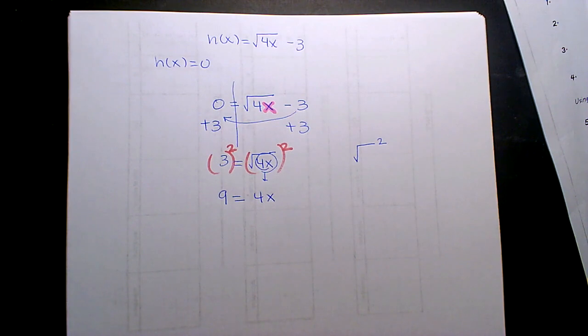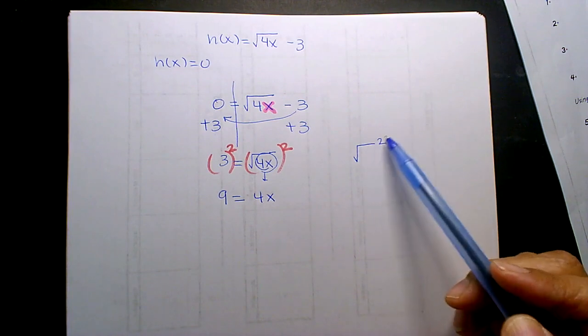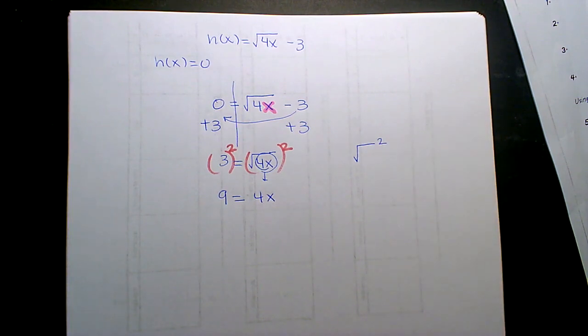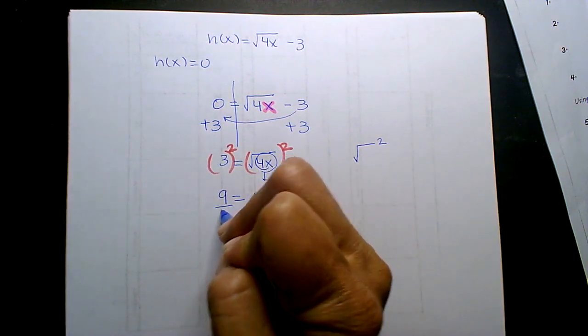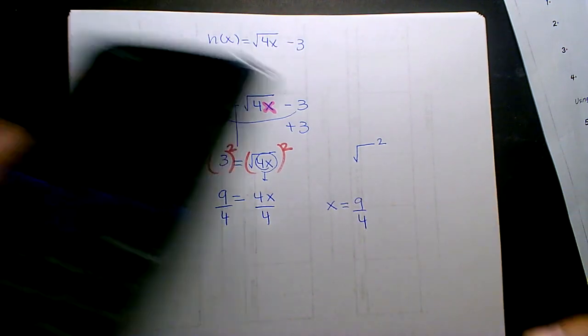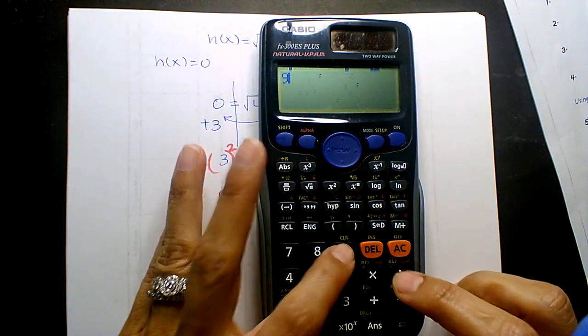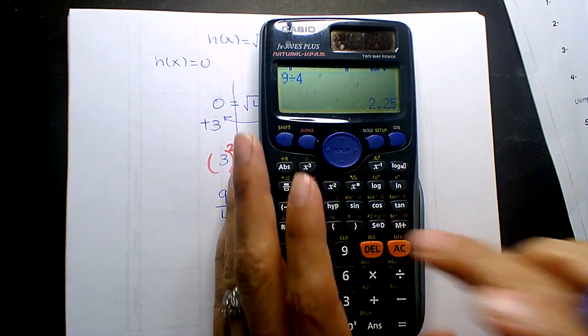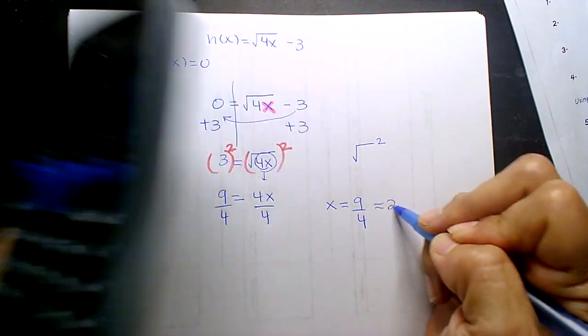No 16, no x squared, no 8x, no nothing. Just 4x comes out, because they're inverse operations of each other. Okay? And so now what do we do? Divide by 4. Perfect. And so you can just give me this, or if you want to give me the decimal, what's 9 divided by 4? 2.25.